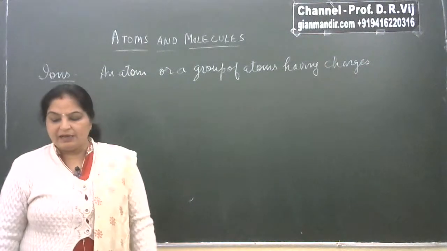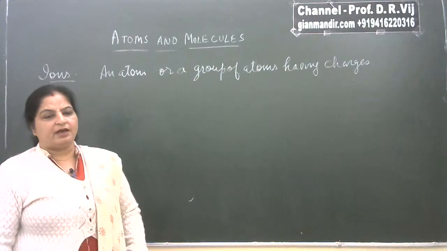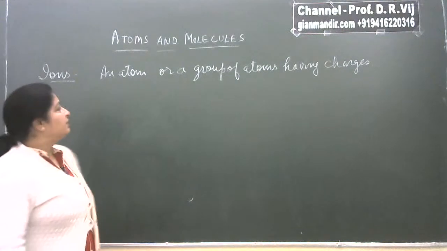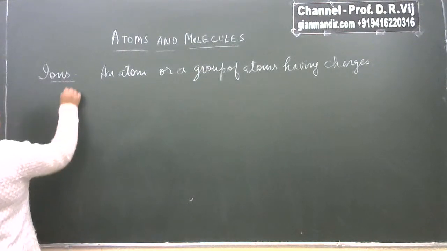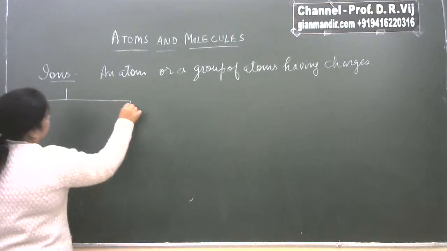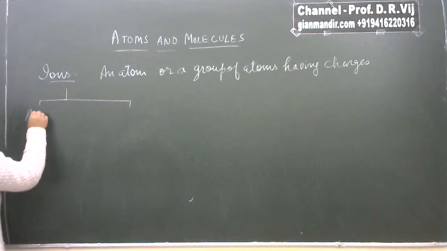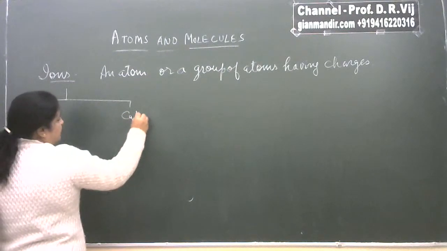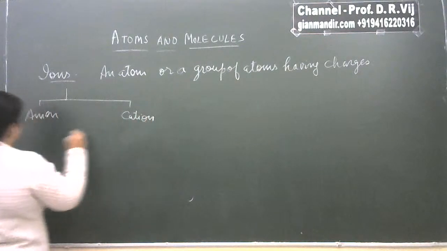A single atom or group of atoms that has got some charge over it is known as an ion. These ions may be of two types, maybe anion or maybe cation.